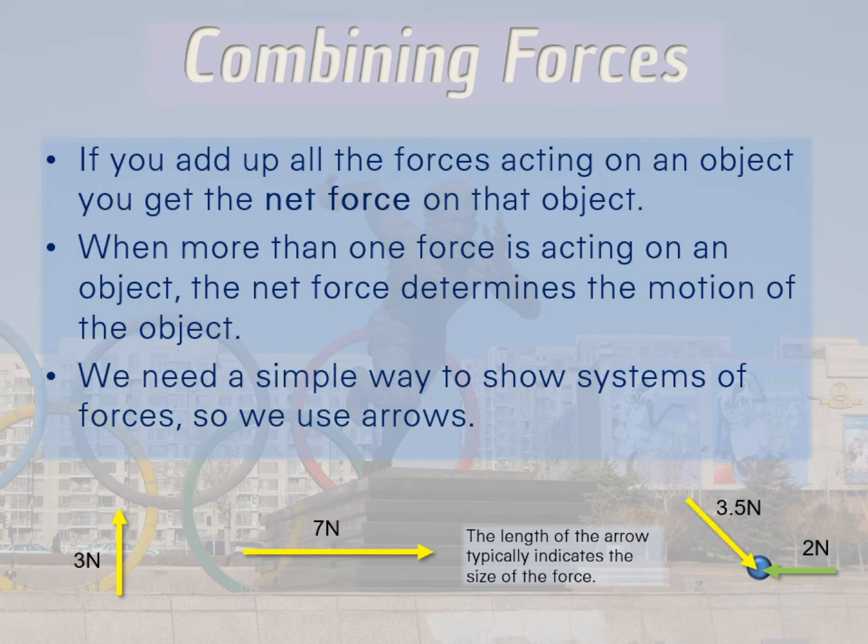So here we can see examples of forces acting on an object. There's no convention really on whether you have the arrow acting away from the object or into the object, as long as you keep it consistent.